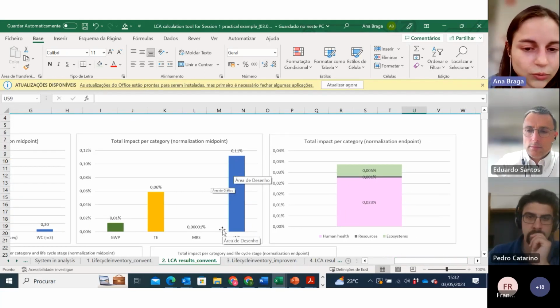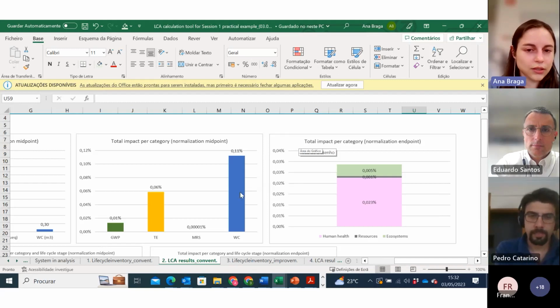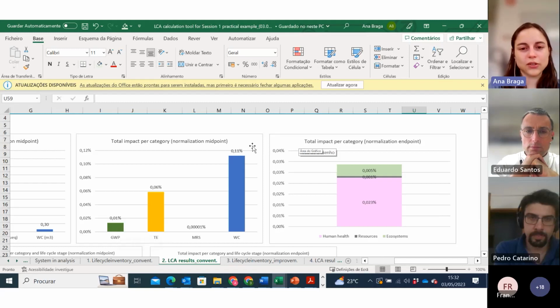Okay, so remember what we want to analyze and the information that we want to see. Looking at this, what are the main impact categories that have the biggest weight in the olive oil impact? We have the water consumption and terrestrial ecotoxicity, and of course there is always room to improve global warming, but these two present the main impact.